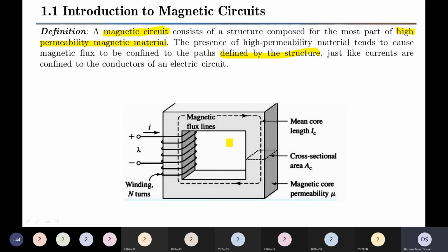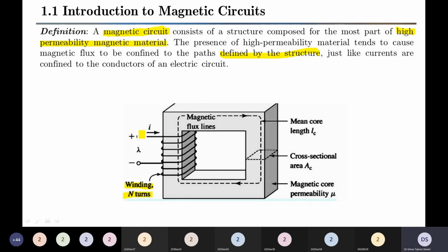Now these flux lines are not produced automatically, they are produced by a winding. So we see the source from where the flux is coming, and it is a coil of n number of turns. When current passes through the n turns of the coil, as a result, flux is produced.